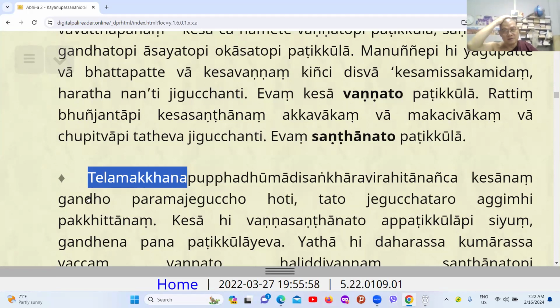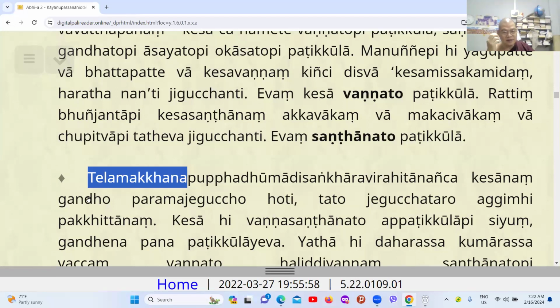You don't clean your kesa, you keep it unclean. Your kesa, you don't smear the oil, you don't smear other things, you don't decorate with other things. You don't use any of it.